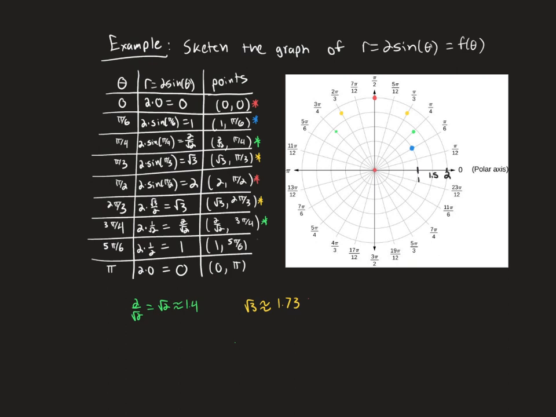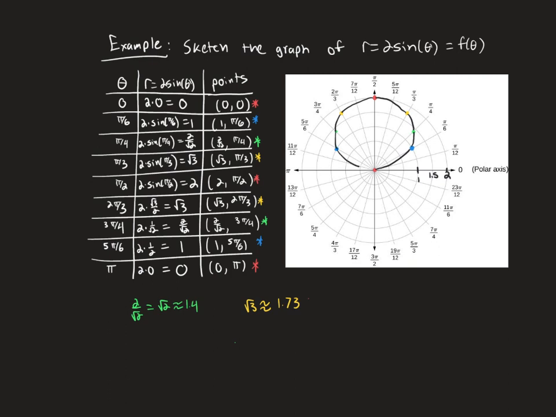The two blue dots are going to correspond to each other, so that's going to be right there. And then 0, pi, we actually come all the way back around. 0, pi is right there. And now, to figure out what this graph looks like, we just connect the dots, and we get something like this.